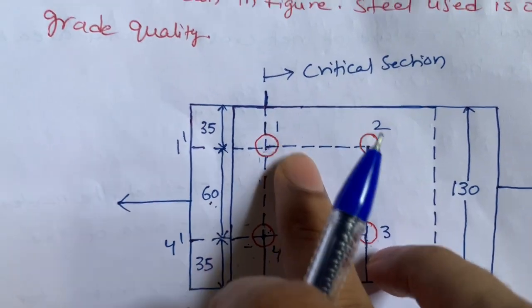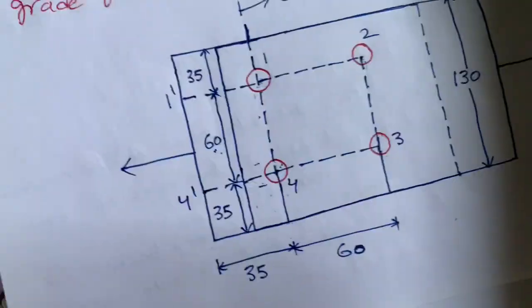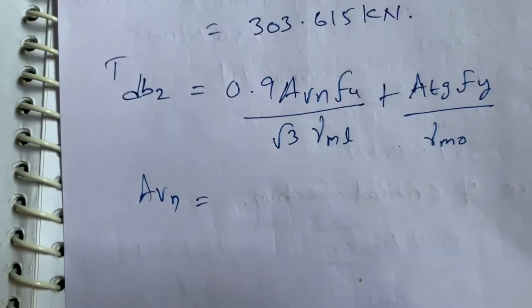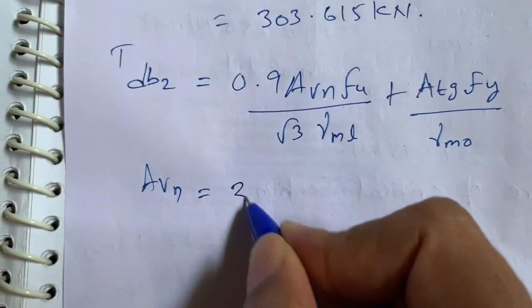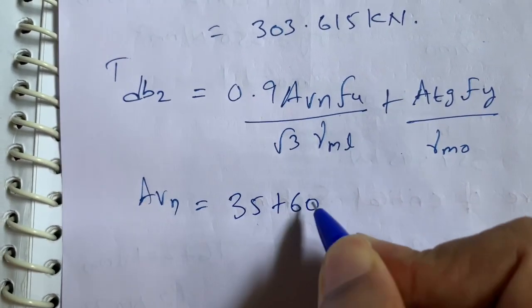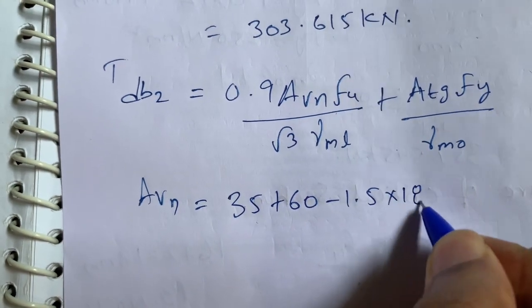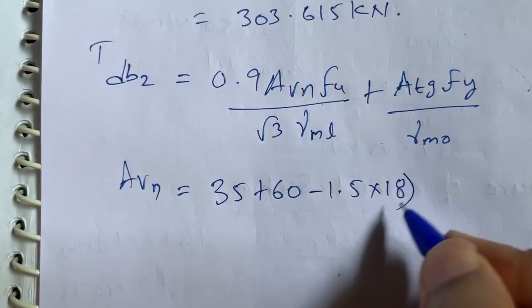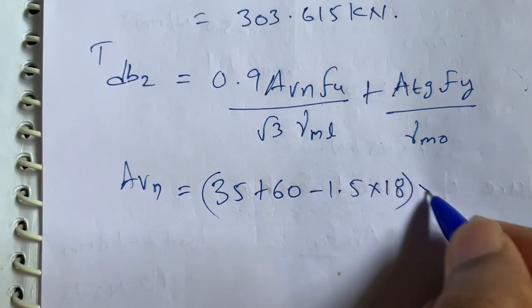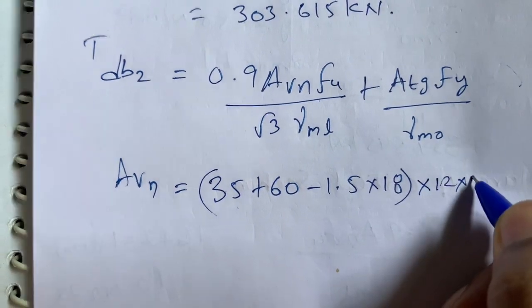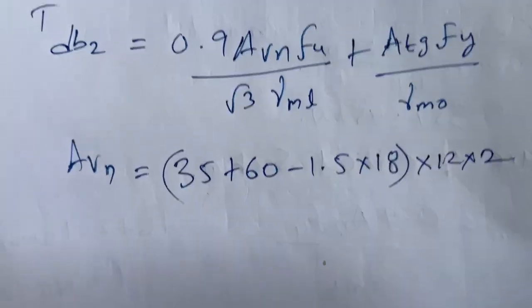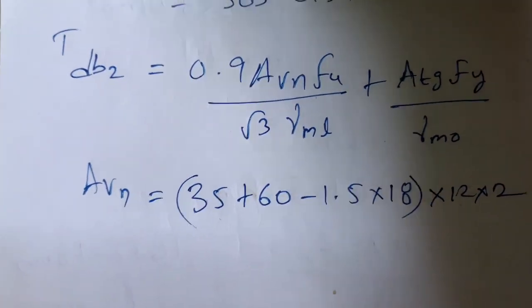In this, how we are going to calculate, I will show you. Distance is 35 plus 60 minus 1.5 into 18, into 12 into 2. I will explain how I got this equation.